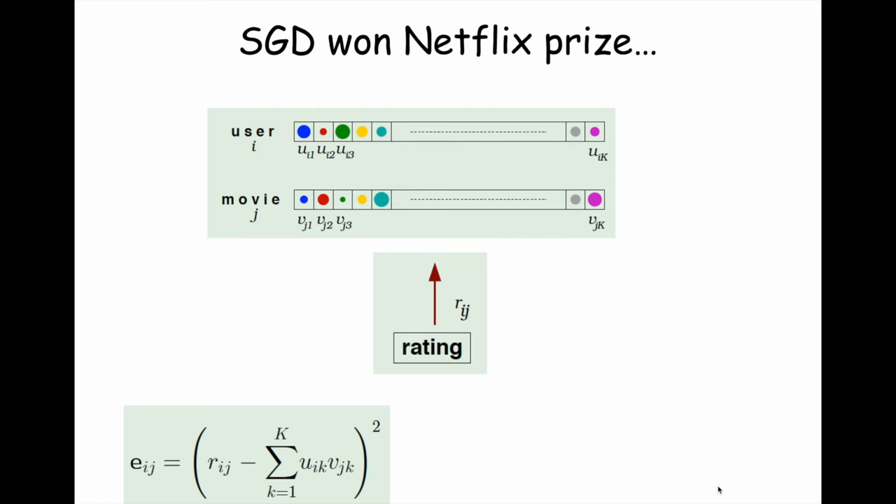So for the user vector, these represent the preferences of the user for various aspects of the movie. And for the movie vector, these features represent the amount of content of that movie corresponding to these various measures or features. And so we have a user I, the U vector, and we have a movie J, the V vector.